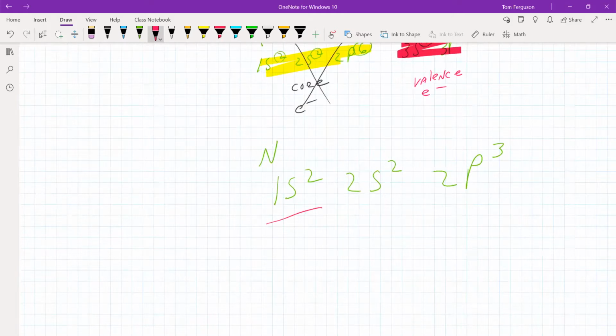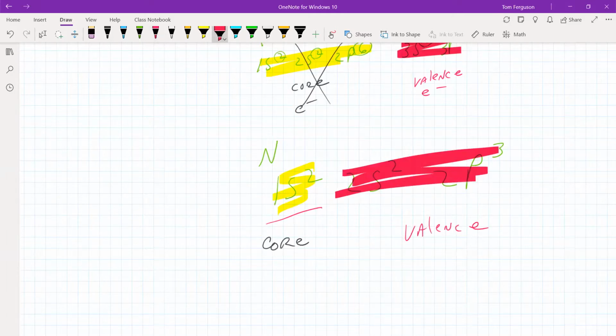Okay, so this is core. Okay, so valence are shell 2. That's the highest shell number. Okay, and notice there are 2 core electrons, 5 valence electrons.